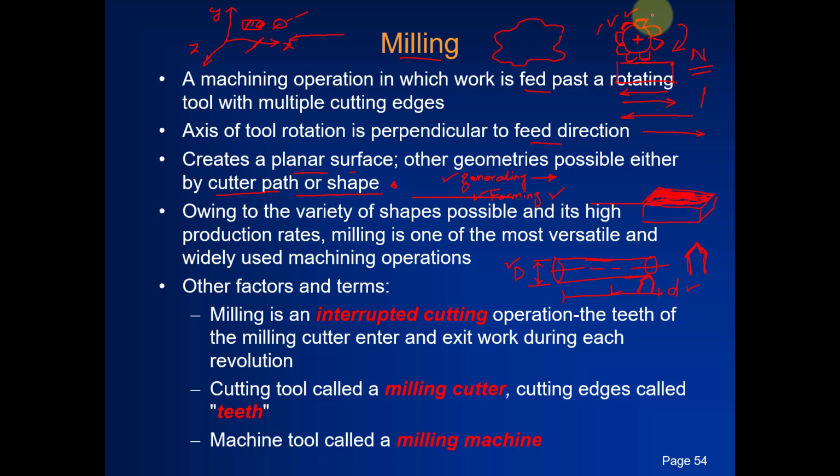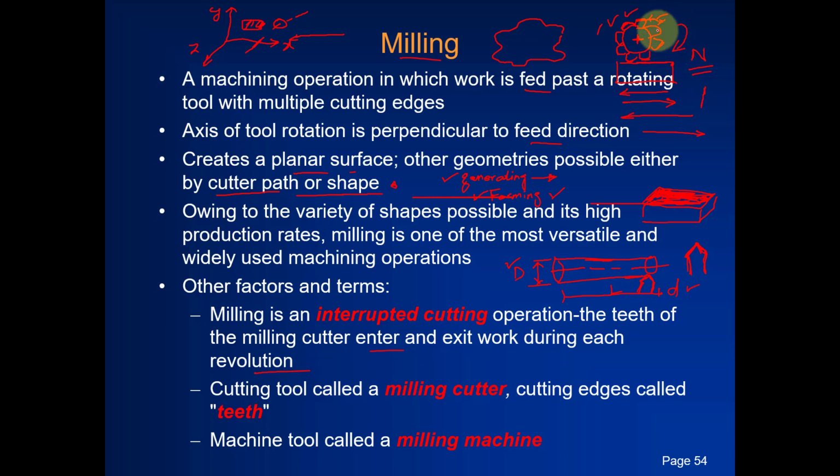You might see that there is a gap between two teeth where no cutting operation is performed. That's why milling is also known as an interrupted cutting operation, because the teeth of the milling cutter enter and exit the work during each revolution.